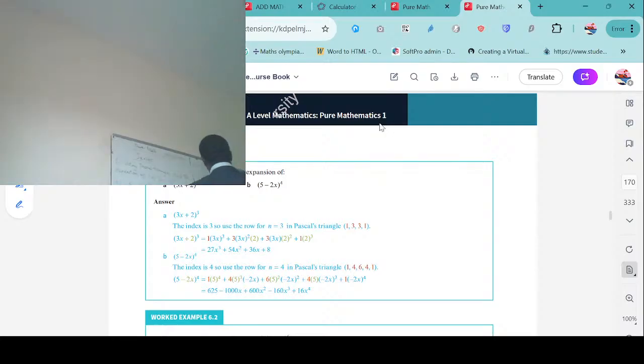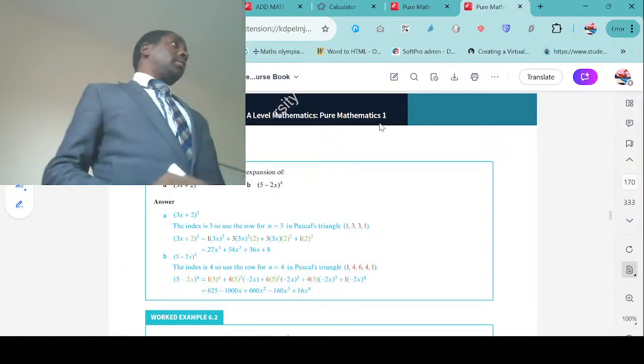And finally, we have (negative 2x) to the power of 4, that will be plus 16x raised to the power of 4. Okay? All right. You can do all this, right?